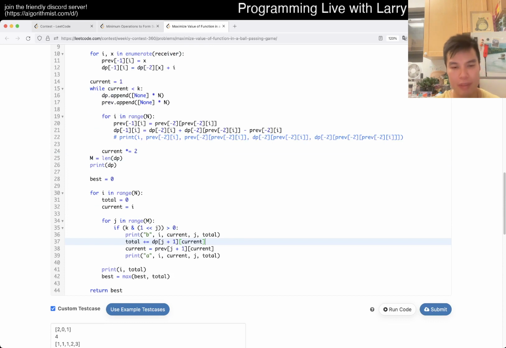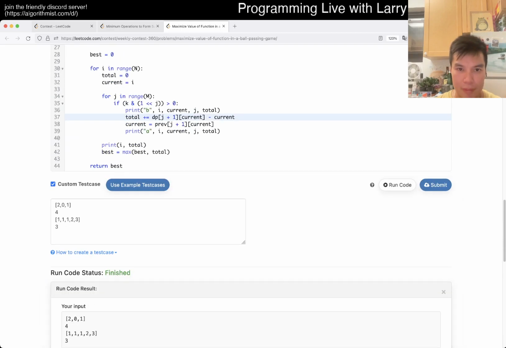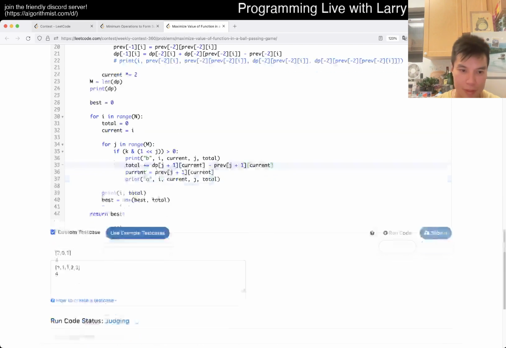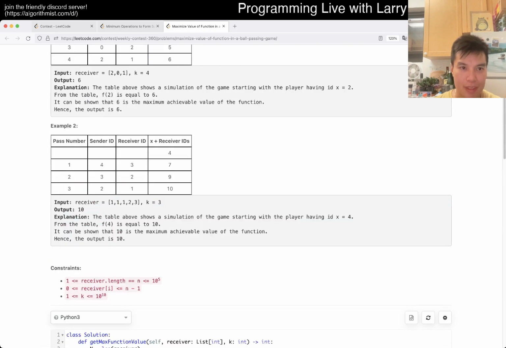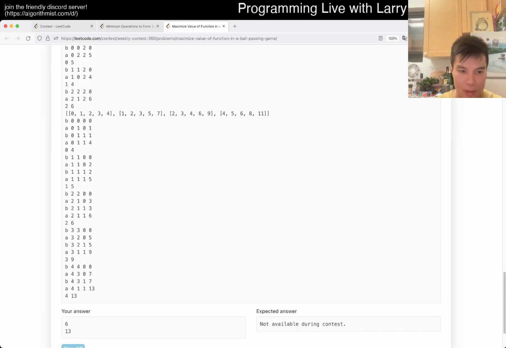I mean, there should be something like... I'm double counting something. I think that's the problem. I am double counting something, but I'm not quite sure what right now.